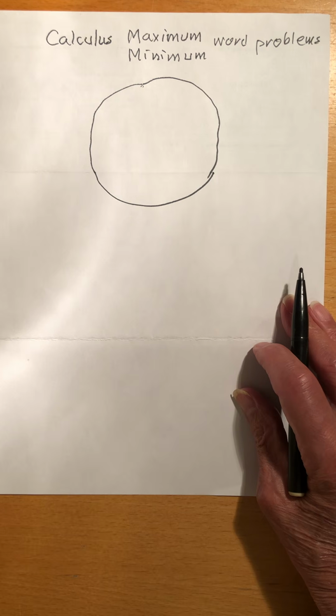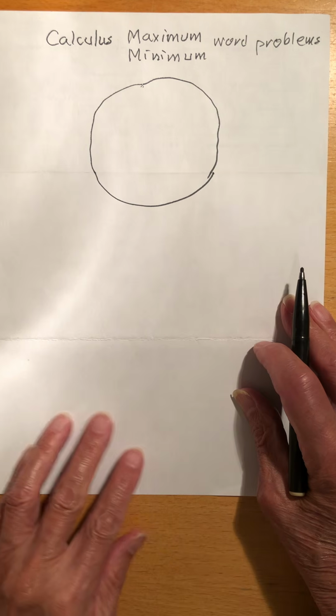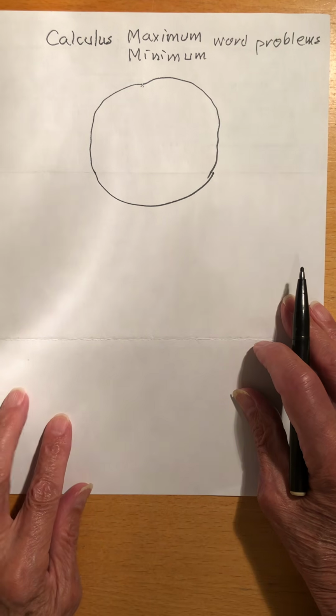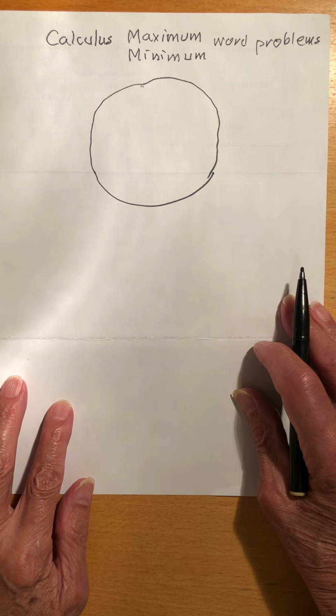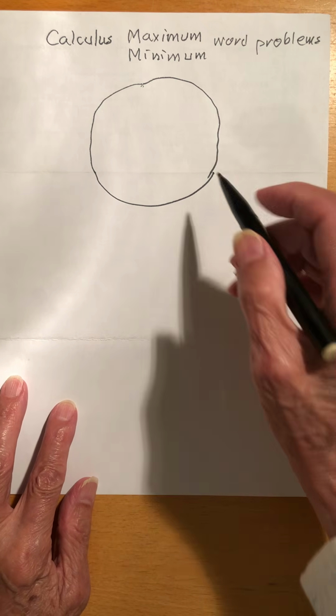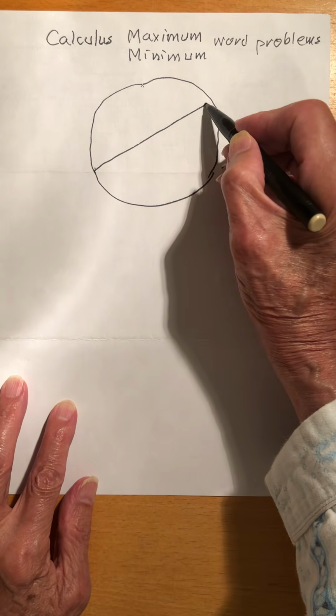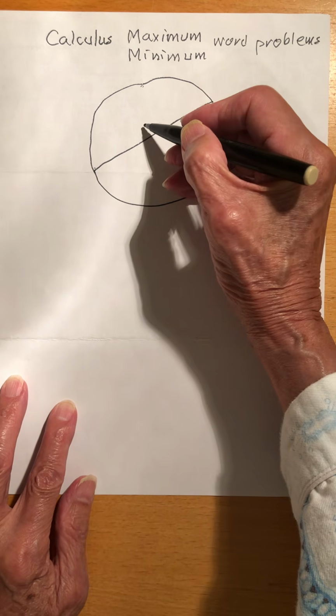How do I draw the rectangle so that the area of the rectangle is maximum? There is a condition that the diameter of the circle is given to you. Okay, so let's have a diameter. The diameter is 10.